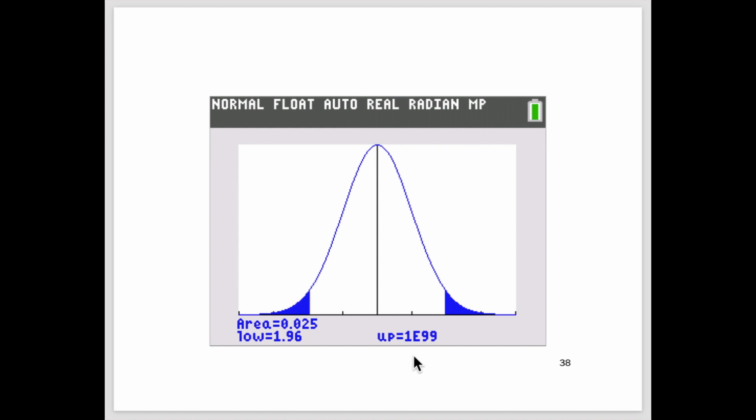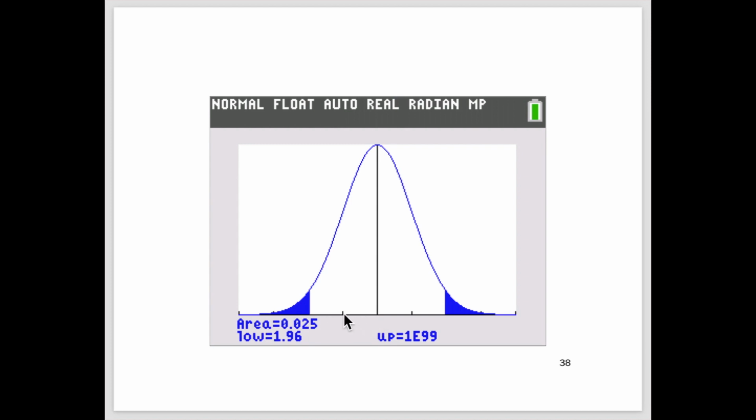If the null hypothesis is true, then the standardized version of X bar will be standard normal. This is a standard normal distribution curve, and it will be centered at 0, which is right here. Okay?